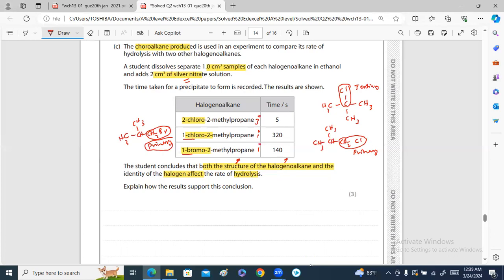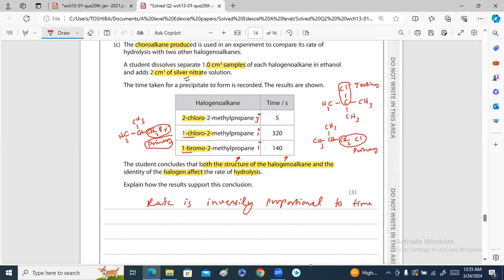So rate is actually inversely proportional to the time. We can see the fastest reaction is in this one, the slowest is in 1-bromo, and this is in the middle. So rate is inversely proportional to time.